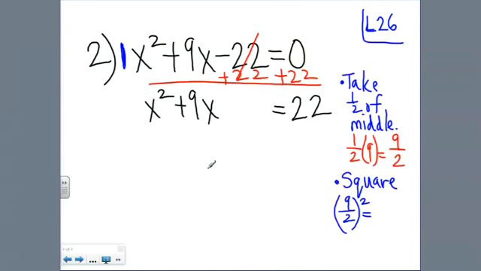So 9 times 9 is 81. And 2 squared, or 2 times 2, is equal to 4. Now, that last number that we got, the 81 over 4, that's what we add to both sides of the equation.